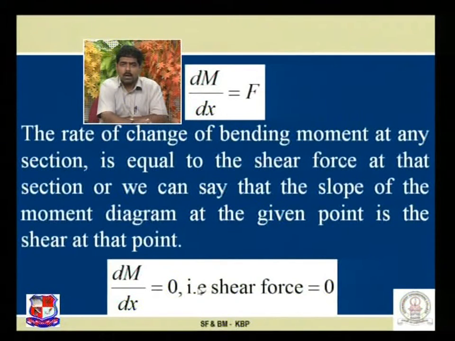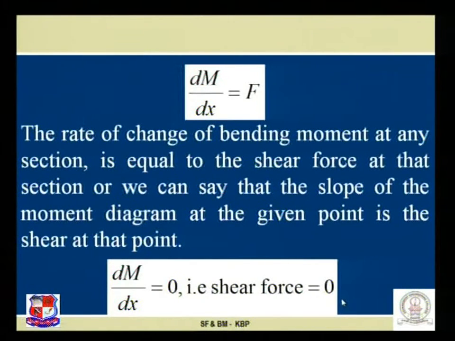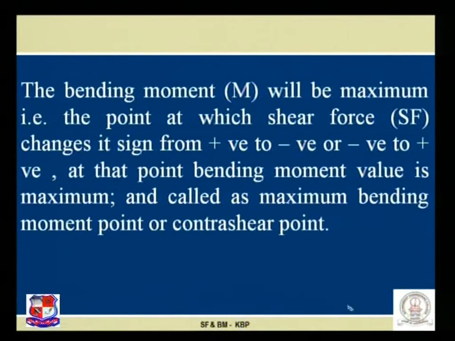If this dM by dx is equal to 0, it means the slope of the moment diagram is 0 and the shear force is 0, which means the bending moment M will be maximum.